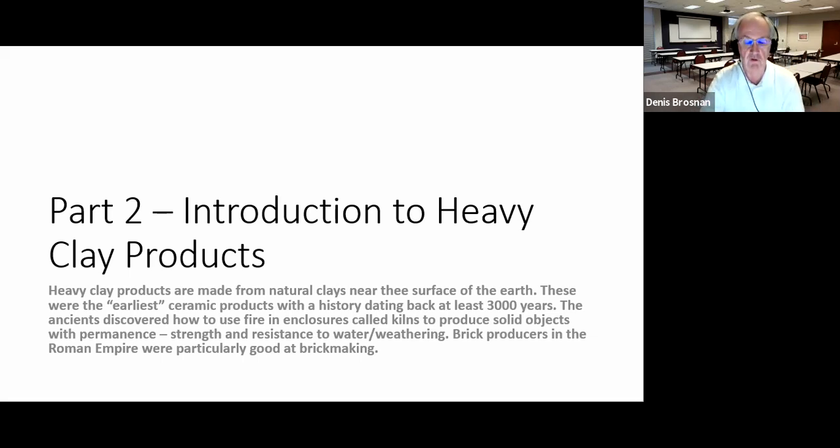And when the objects were cool, they had permanence, particularly resistance to water, and especially resistance to weathering. So societies became very good at this in the Middle East and the Greek Empire. The Romans were very, very good at this, and they made products that we can see today in buildings in Rome and in Western Europe.